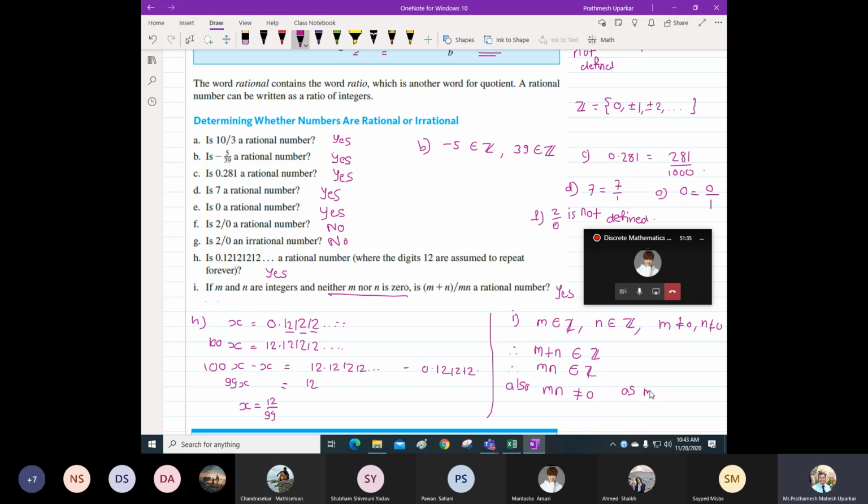Since both are not 0, I cannot get the product equal to 0, as m is not equal to 0 and n is not equal to 0. So the product is also not 0.